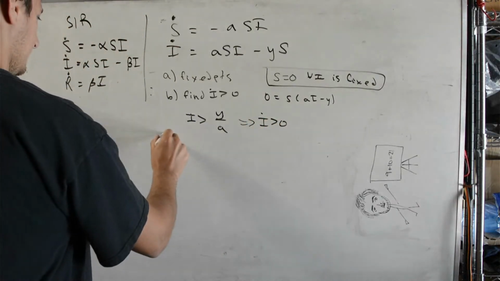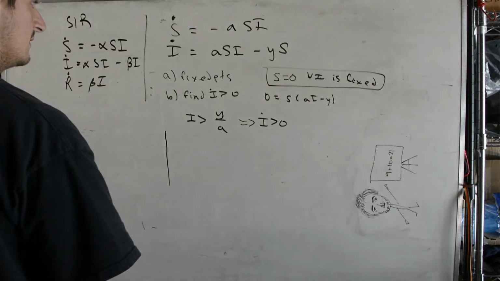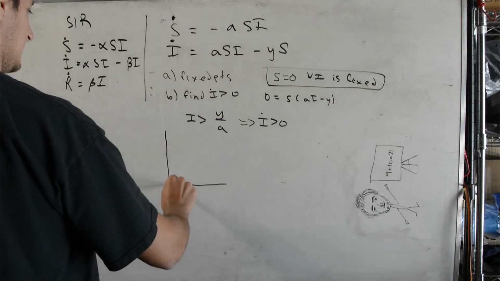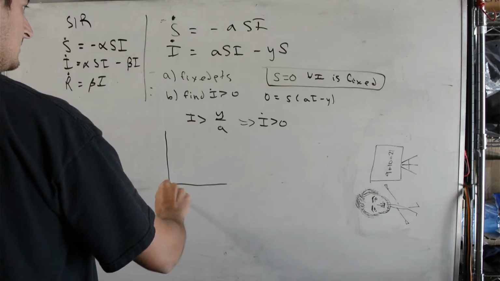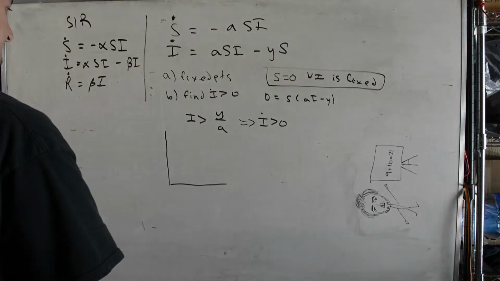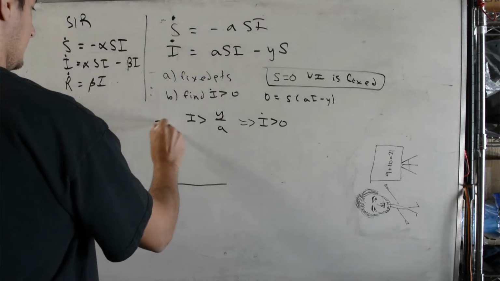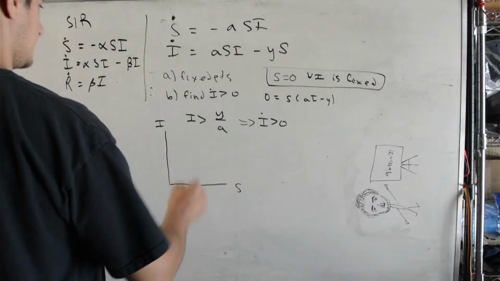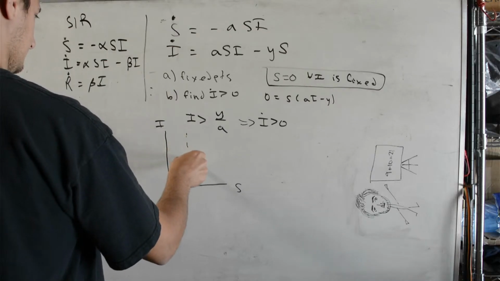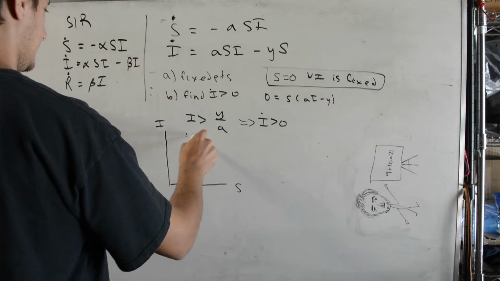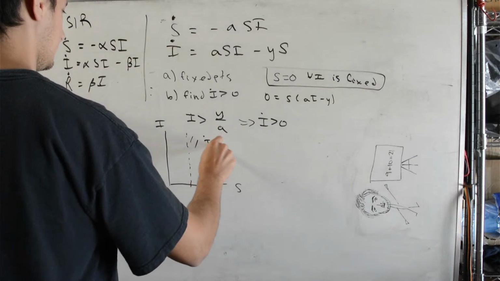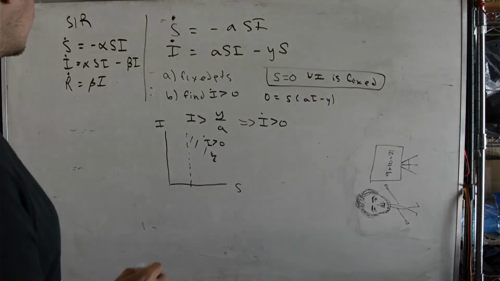So if we like, so there's going to be some, so if this is I and this is S, then there's going to be some line in here such that this is all I dot greater than 0. I'm not actually certain on that.